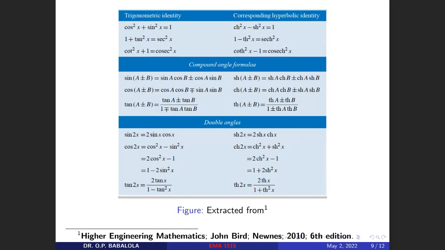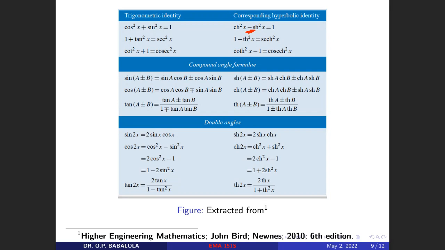Okay, look at, for instance, cos square x plus sine square x, which is 1 in the trigonometric identity. You're only going to have cosh square x. Now, this is what the theorem is telling us, that the sign of the sine function must change. You see? Can you observe that difference?